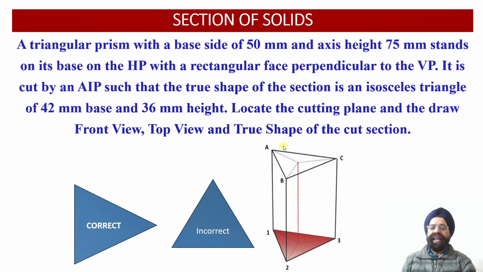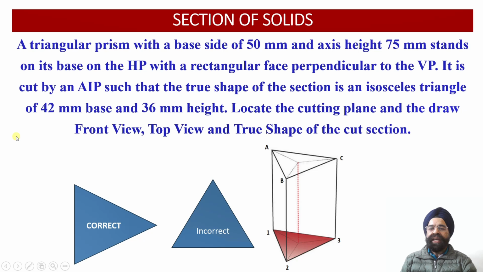Since the angle of inclination has not been provided, rather the dimensions of the true shape have been provided, in order to obtain the true shape of the cut section as an isosceles triangle, the cutting plane must intersect this triangular prism at 3 points over here, right? That is the first thing we need to understand, because an isosceles triangle has 3 corners.